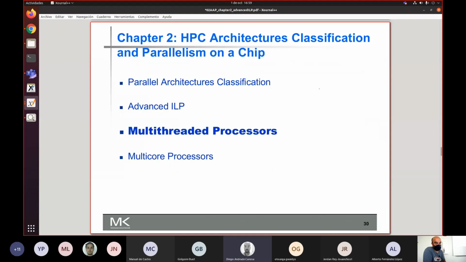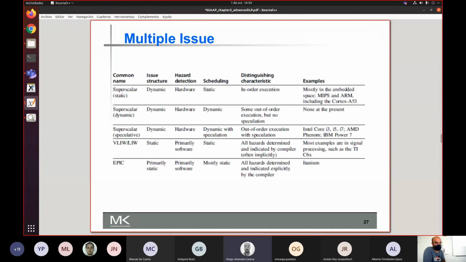So the idea of multiple issue is that you are going to issue several instructions at the same time. And this can be done dynamically by the processor, and these processors are called superscalar. And in this kind of superscalar processor, we have different levels of complexity.